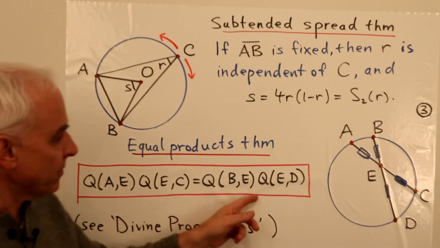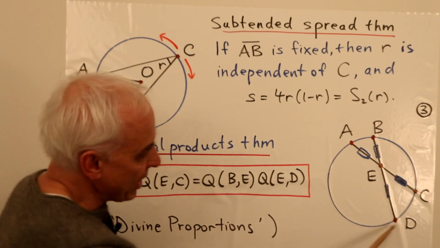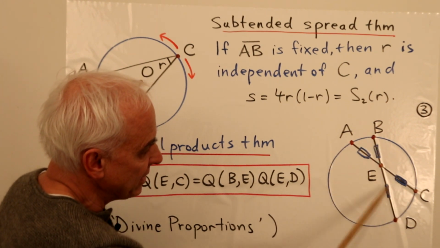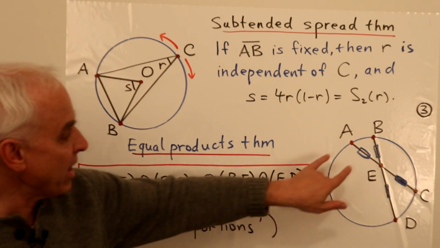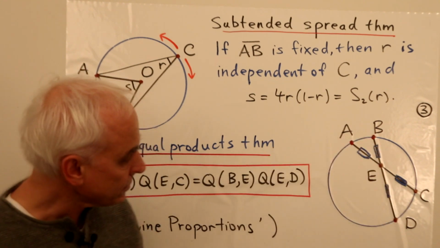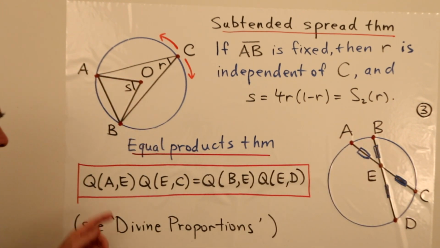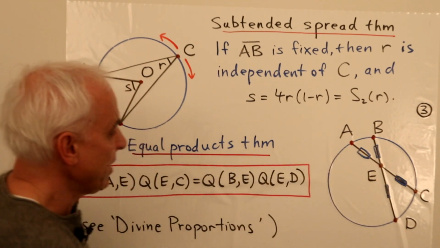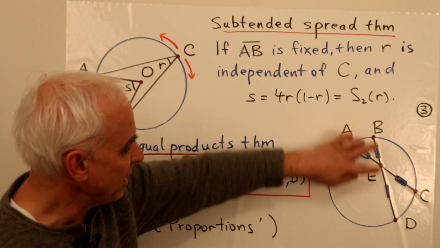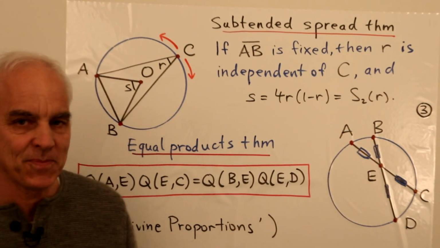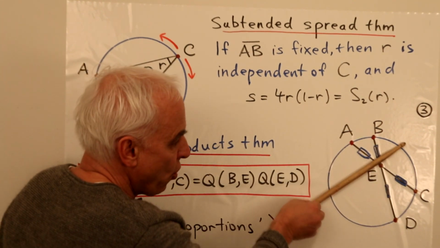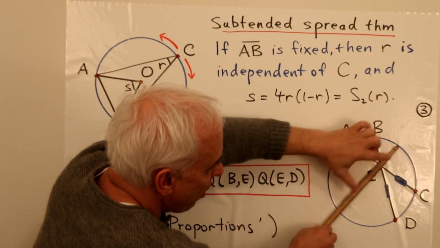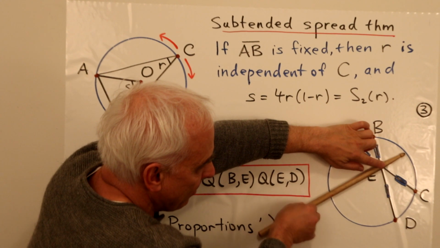Another important property of the circle is if you have two intersecting chords like this, here's AC and BD, they intersect at a point E, so we have four quadrants here. And it turns out that the product of the segments AE and EC equals the product of BE with ED. So no matter which chord you choose that goes through that point E, the product of these two and the product of these two will always be the same.